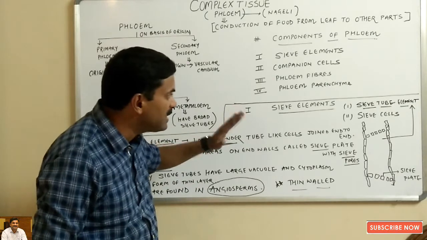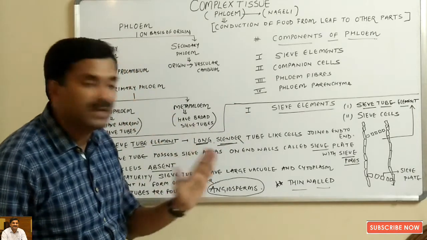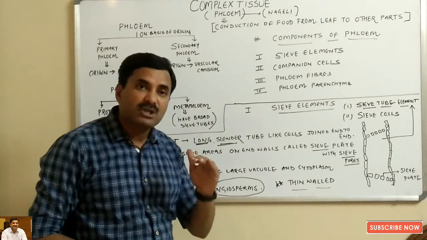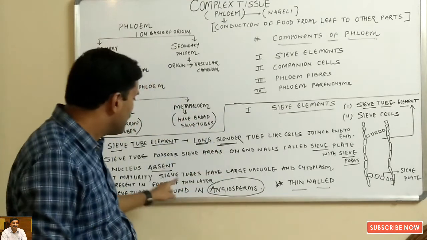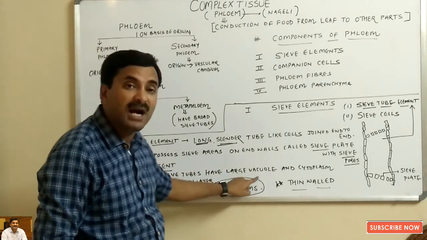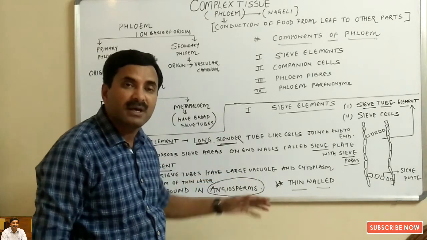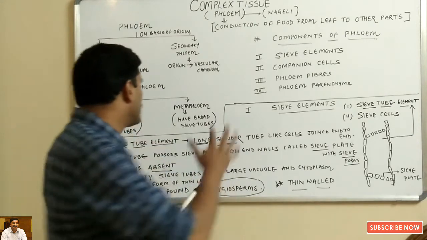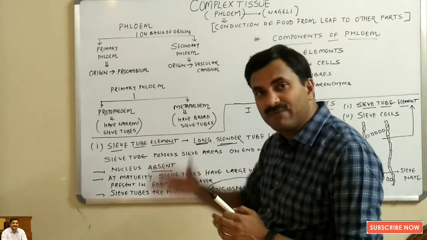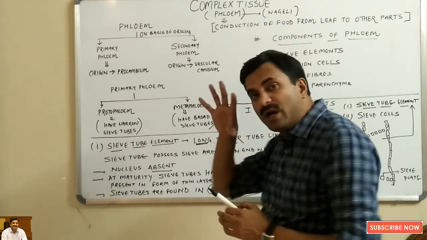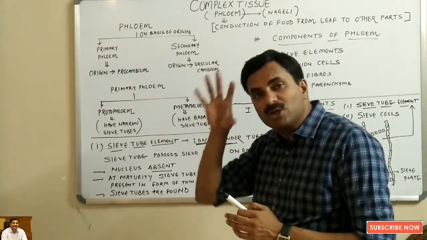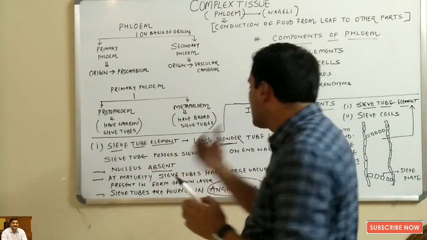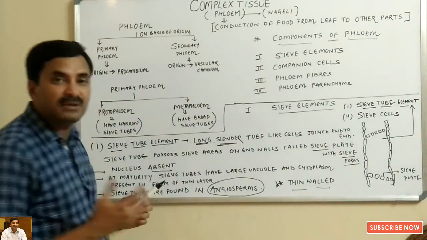At maturity the nucleus is totally absent, and sieve tubes have a large vacuole. We know very well that whenever a vacuole is formed, the cytoplasm is shifted towards the periphery. So a large central vacuole is present, and due to its formation, the cytoplasm is shifted towards the periphery and is present in the form of a thin layer.